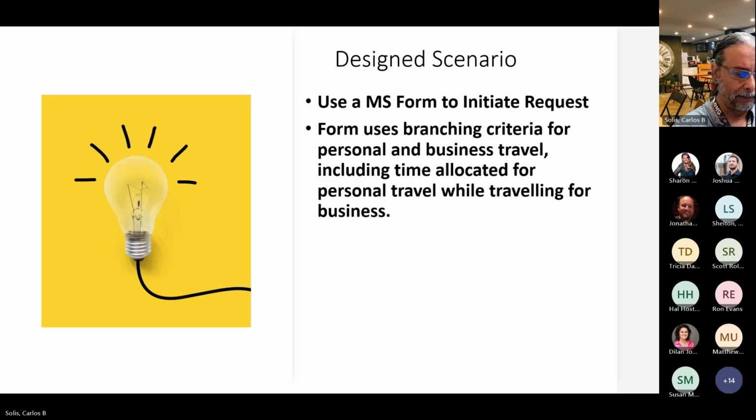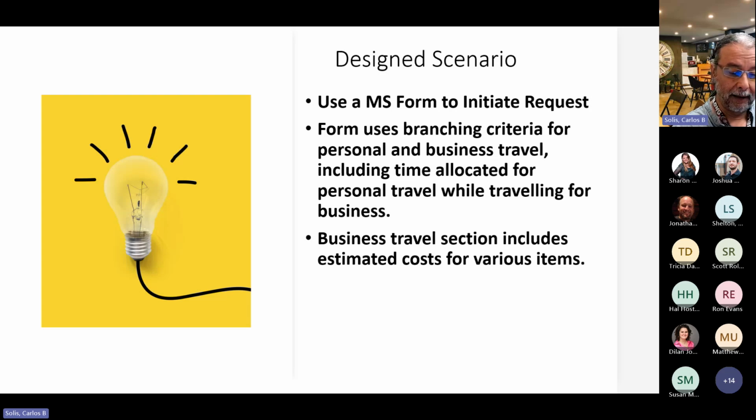So this is, again, a recap of that, but we use the Microsoft Form to initiate the requirement, and we use one form for all modes of travel. We use the branching criteria in the Microsoft Form for either business travel or personal travel while traveling for business.